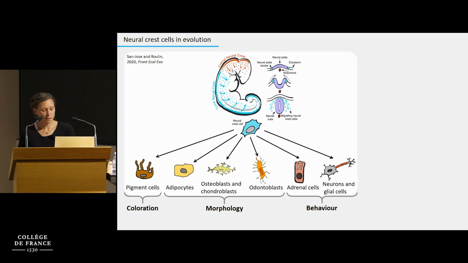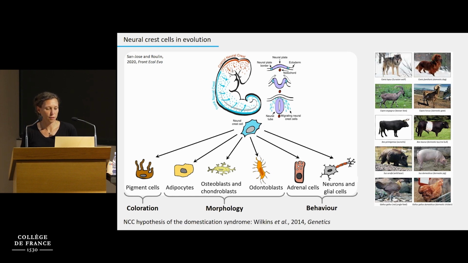This shared covariability was recognized by Adam Wilkins, and he suggested that this might be the explanation for the domestication syndrome that has been observed already by Darwin in our domesticated animals. So the fact that half of our outlier genes are indeed neural crest cell-like regulators is very suggestive, and at the moment we are following this up with more developmental cell biology to test if this really is the case.